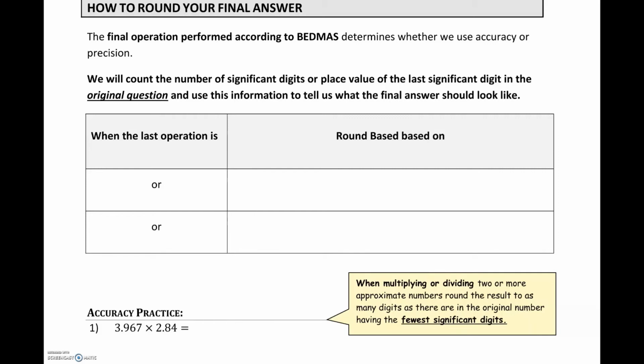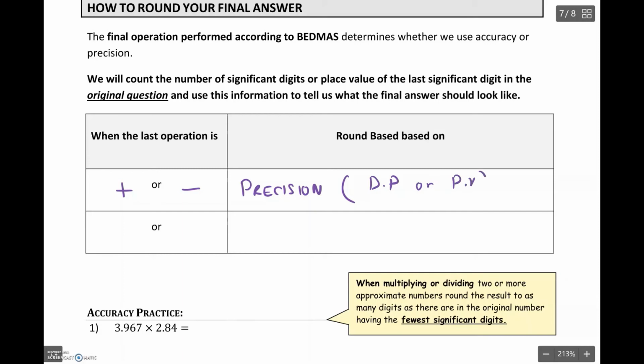When we have a calculation to do, we use the rules of BEDMAS, or order of operations. So there's always a last operation to be done. That will be either adding, subtracting, multiplying, or dividing. If our last operation is addition or subtraction, we round based on precision. That is decimal places or place value.